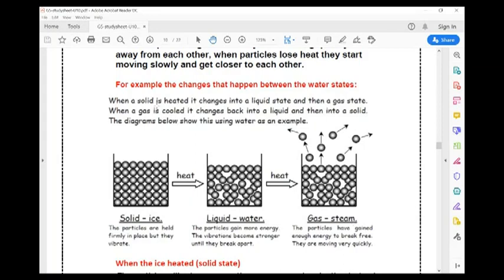When a solid is heated, it changes into liquid state and then a gaseous state. When a gas is cooled, it changes back into a liquid and then into a solid again.